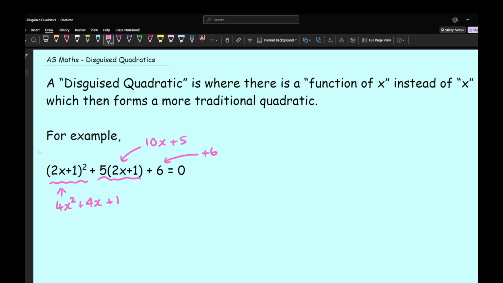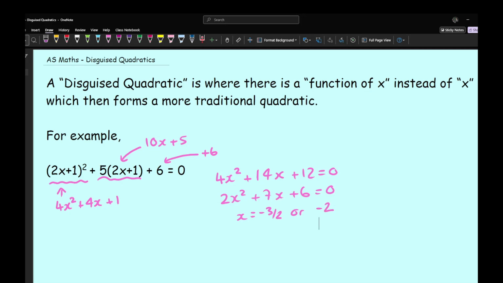And then collecting all the like terms together, we end up with 4x² + 14x + 12, which we can then divide by 2, giving us 2x² + 7x + 6. And then we can go on and solve this particular quadratic, which would give us an answer of x = -3/2, or an answer of -2.